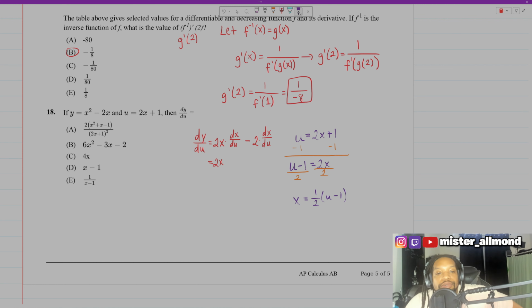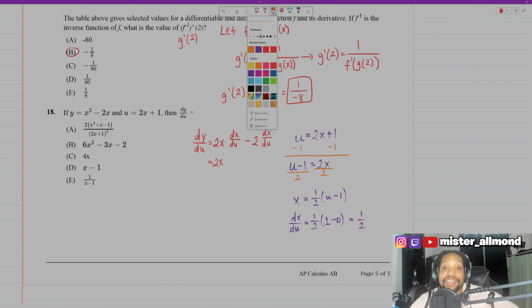Okay, so that's my x equals, and then from here, I can find dx du, which is the derivative of x with respect to u. So I think I'm going to keep my 1/2 there because it's a coefficient. And then the derivative of u minus 1 with respect to u is technically 1 minus 0. So that's just 1/2. So dx du is 1/2.